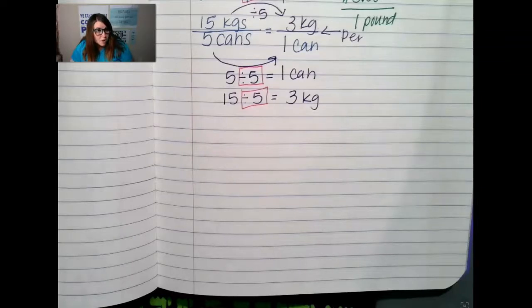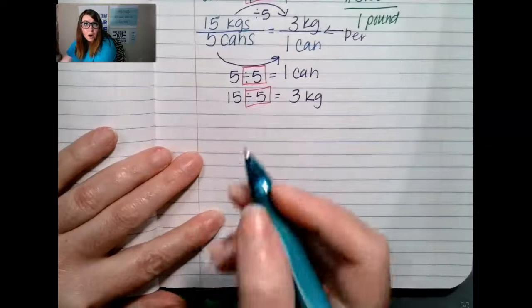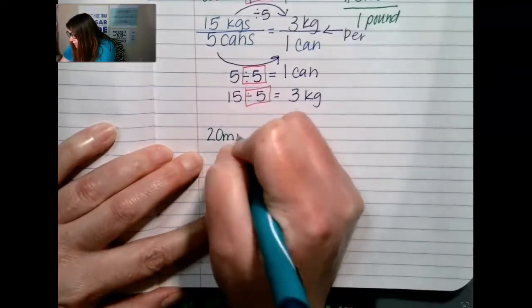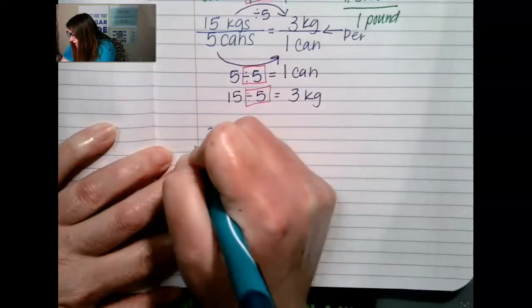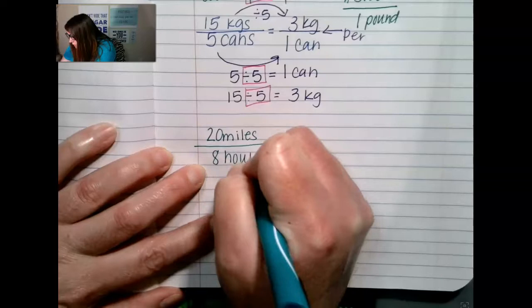A ratio of miles to hours, okay? So let's say that I walk 20 miles in 8 hours. That's a lot of walking, right? So 20 miles in 8 hours.